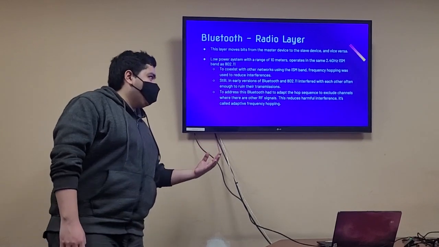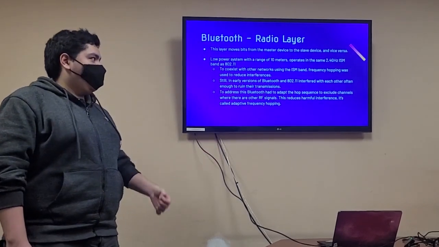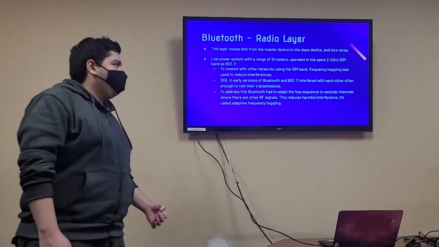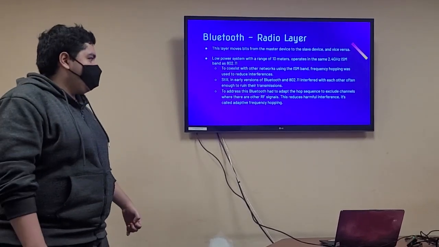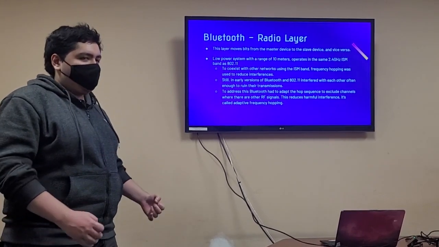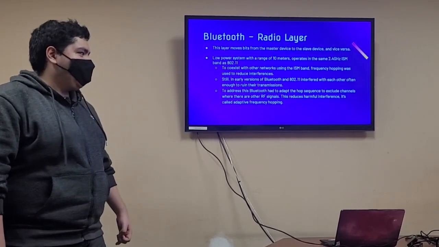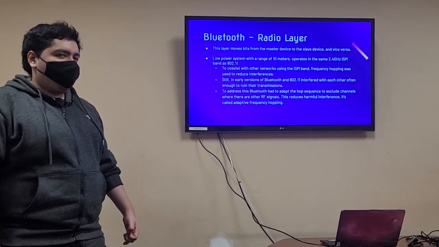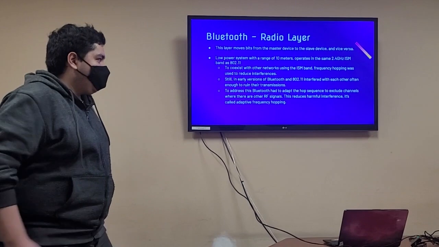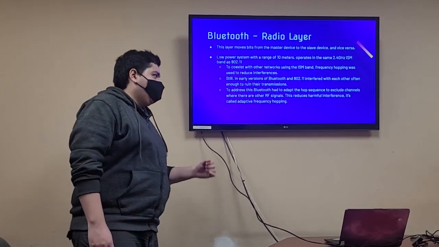An early version of Bluetooth and 802.11 interfered with each other enough to ruin their transmissions. To address this, Bluetooth had to adapt its hop sequence to exclude all channels where there are other RF signals, which reduces harmful interference. It's called adaptive frequency hopping.